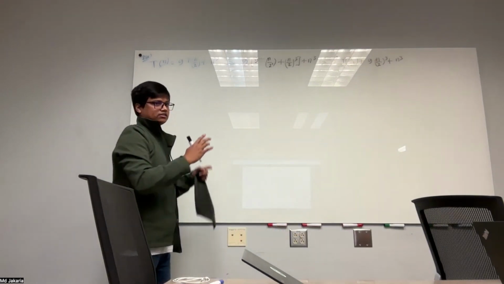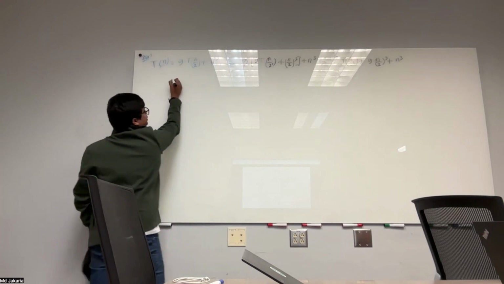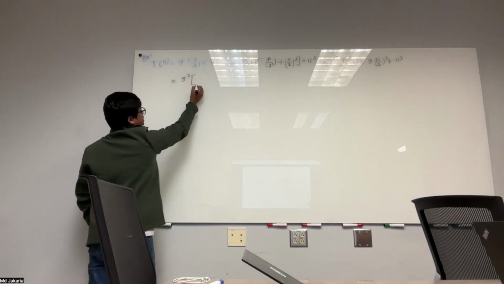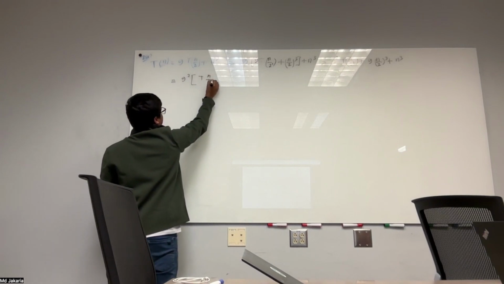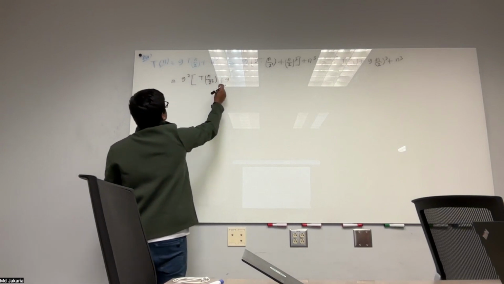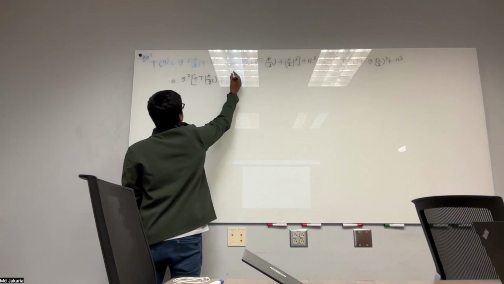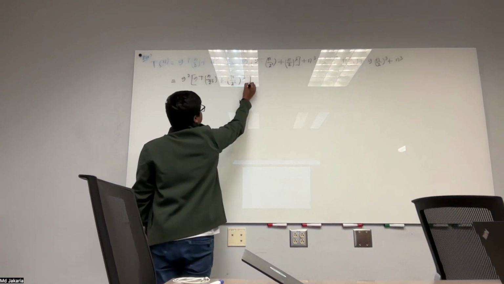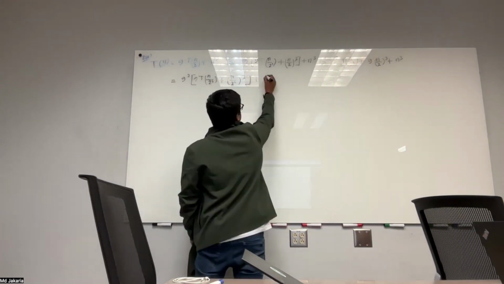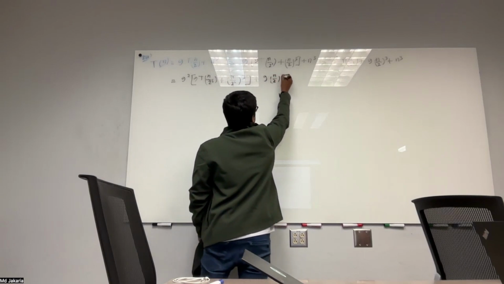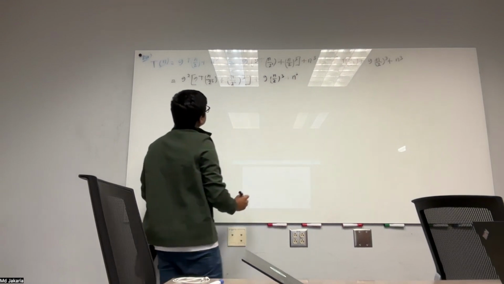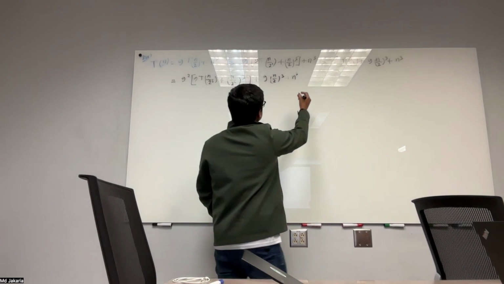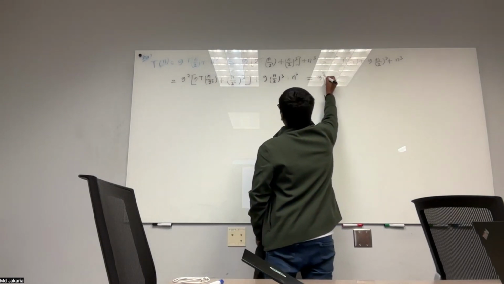That makes sense. I just expanded it one time. If we want to expand it one more time, then we will get something like n over 2 cube. I will get 9 cube.